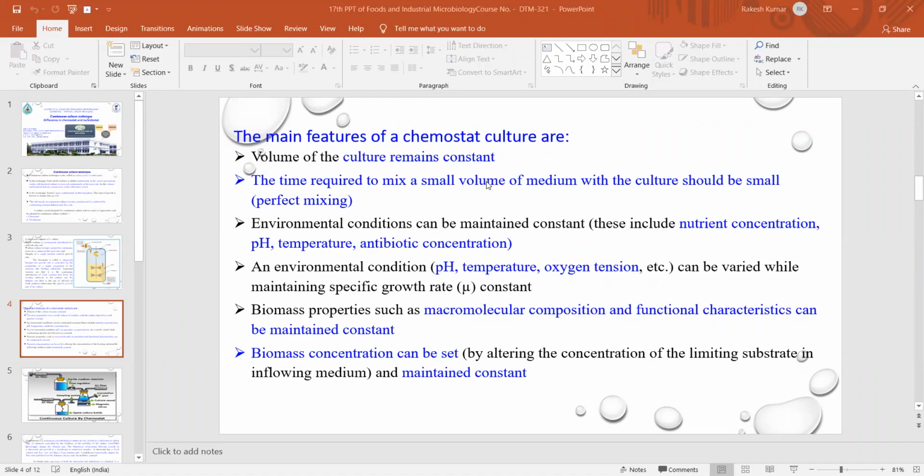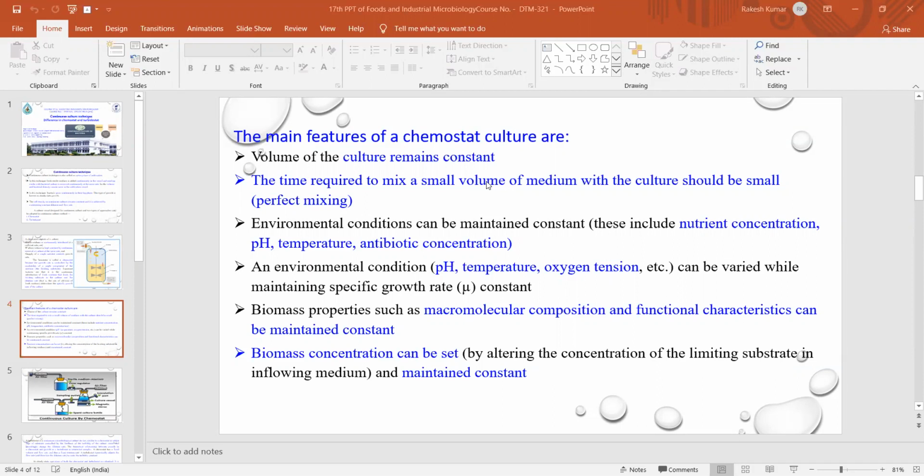The next one is biomass properties, such as macromolecular composition and functional characteristics, which can be maintained constant by using these instruments and whatever monitoring instruments are fitted in the system. Just by having an idea about different things like nutrient, pH, temperature, you can maintain the whole system.